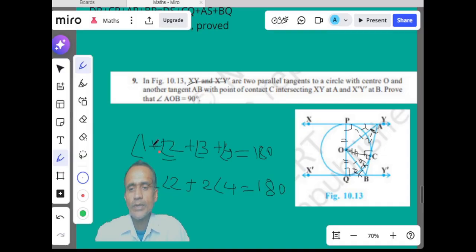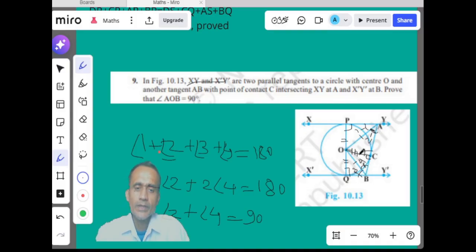Angle 1 is equal to angle 2, so angle 2 plus 2 is 2 times angle 2. Angle 3 is equal to angle 4, so angle 4 plus 4 is 2 times angle 4. We divide both sides of the equation by 2. So we get angle 2 plus angle 4 is equal to 90 degrees. So this is what we wanted to prove, that angle 2 plus angle 4 is 90 degrees.